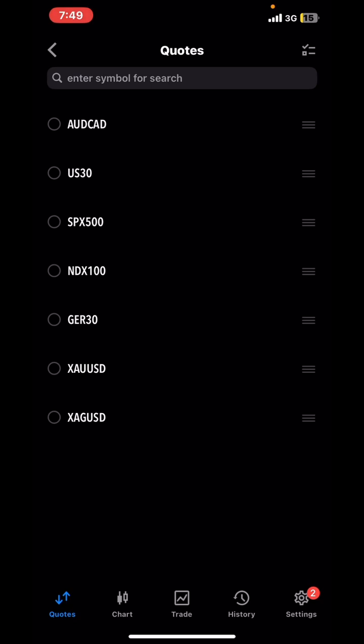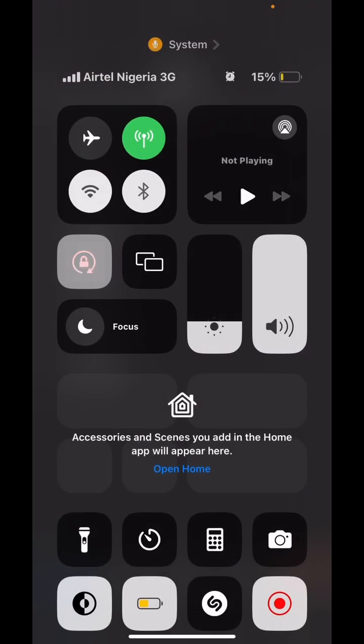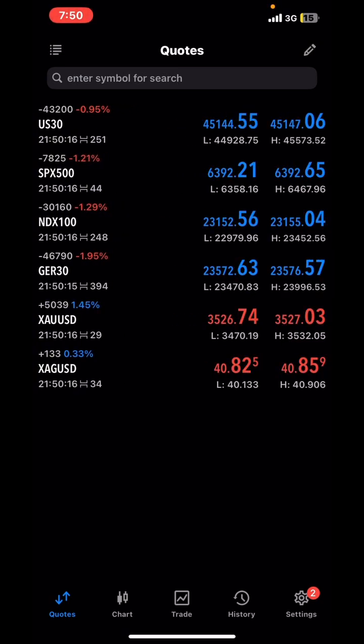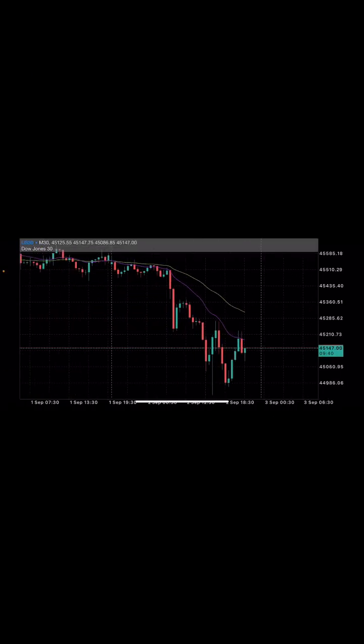So guys, let's do a brief analysis on the charts. Okay, on US 30 right now, on the weekly time frame, as you can see, the market is bullish, guys.